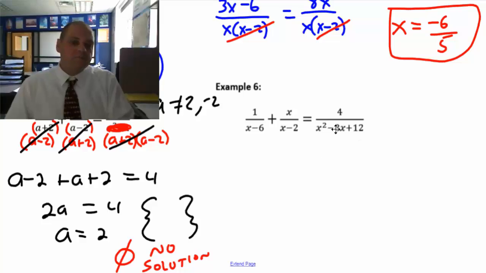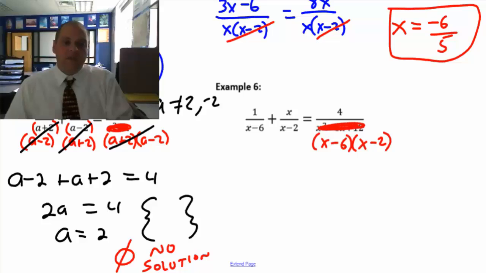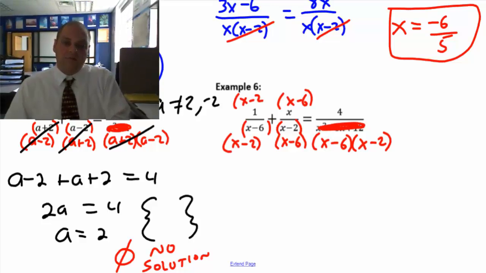Example 6. So here we got, what's this? X minus 6 minus 2, right? Yep. And what's nice is I already have x minus 6, so I need x minus 2. I mean, I said that wrong, but you know what I mean. I need x minus 2 here. I need x minus 2 up here. So I have my common denominators.